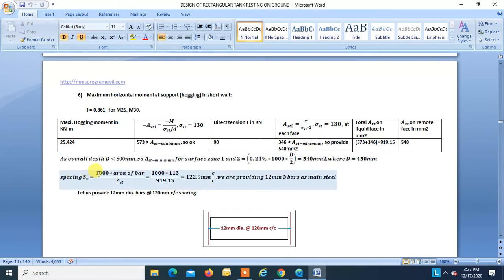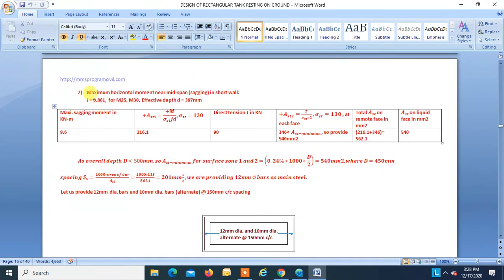So let us find the spacing. 1000 into area of bar divided by AST, that is equal to 122.9. So we will provide 12 dia bar at 120. So this horizontal steel will be 12 dia at 120 center to center. This steel is to be provided on this face, but we will see this later on in the next step.